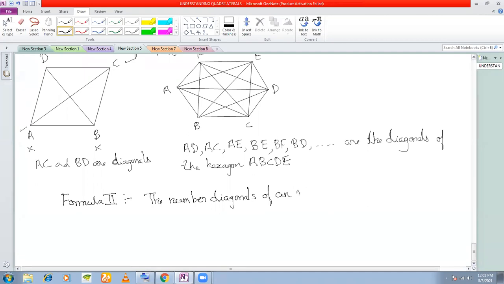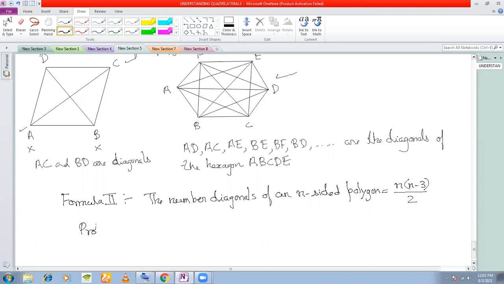Now the formula number 2: the number of diagonals of an n-sided polygon is equal to n into n minus 3 divided by 2. This is the formula for the number of diagonals. I did not count the diagonals here, so now let's see with the help of this formula how many diagonals there are.